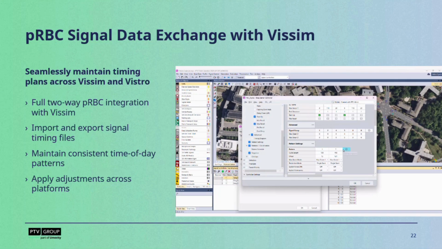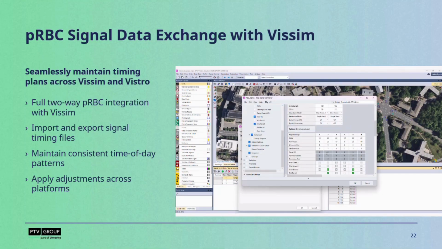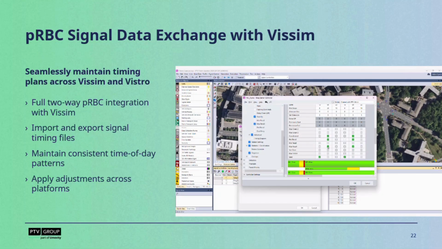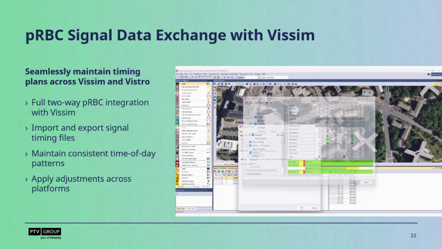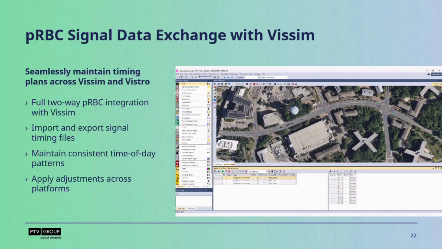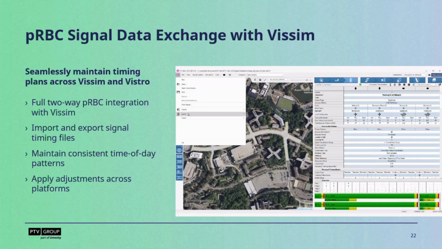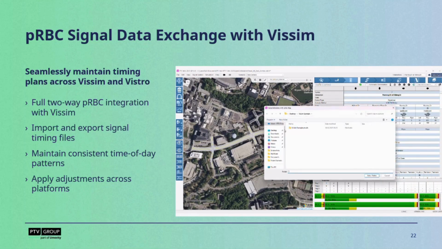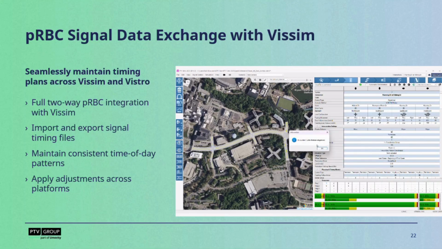Or it'll be vice versa. Say you run a simulation in VISSIM and you maybe tweak some of the timings just a little bit because the simulation might catch some more things that Vistro does not. You can tweak that timing and send it back to Vistro, so at least everything's consistent and you're using the same signal information. Super cool feature. For those who have used it, they liked it.